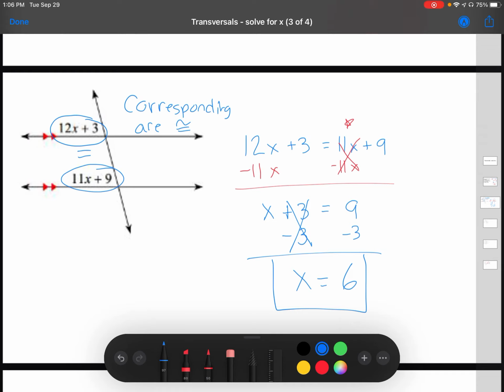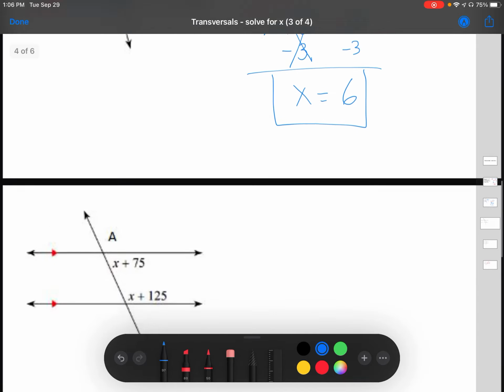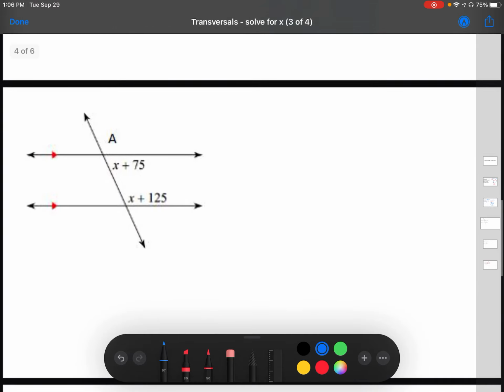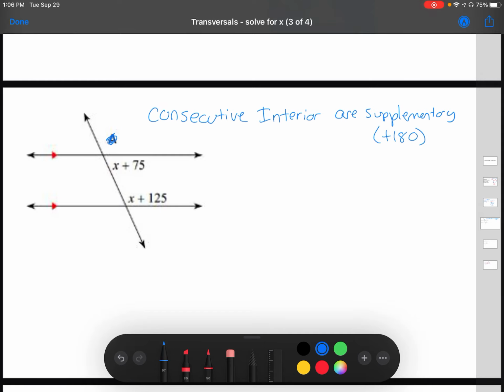Right. So then let's try the next one. So here we're trying to solve this for x. X plus 75 and x plus 125. So again, first thing is to identify the angle pair. These are consecutive interior, right? And then those are supplementary, or they add up to 180, right?